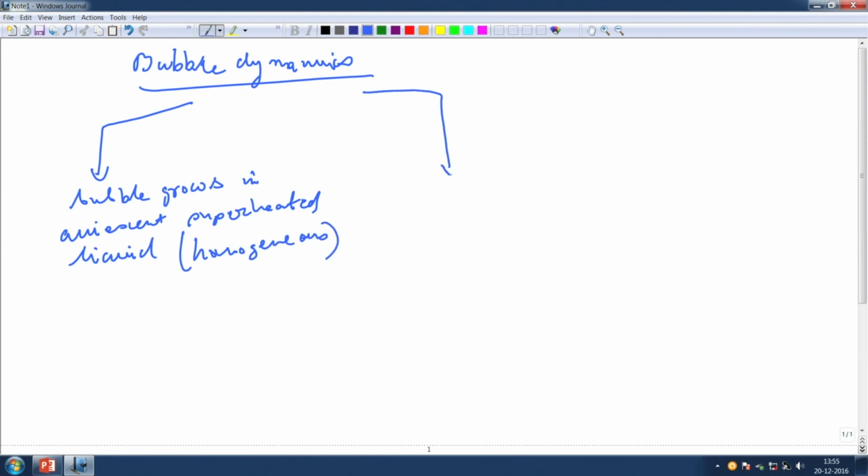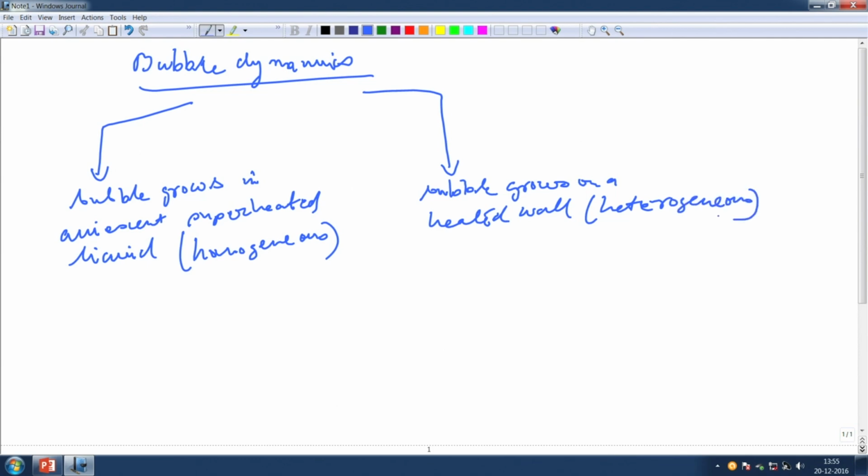So, this is one type. And when the bubble grows on a heated wall, this is heterogeneous. First, we are going to look at homogeneous bubble growth.